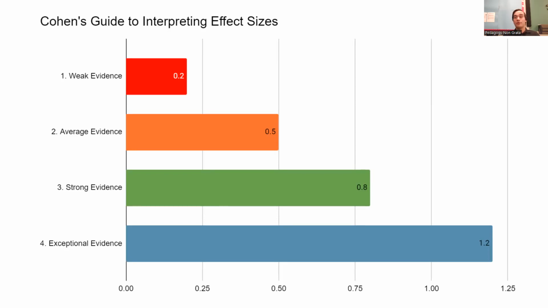So the following chart helps you to interpret the effect sizes. This is the standard guideline for interpretation. So between 0.2 to 0.40 is considered small. 0.40 to 0.8 is considered moderate, and above 0.8 is considered strong.